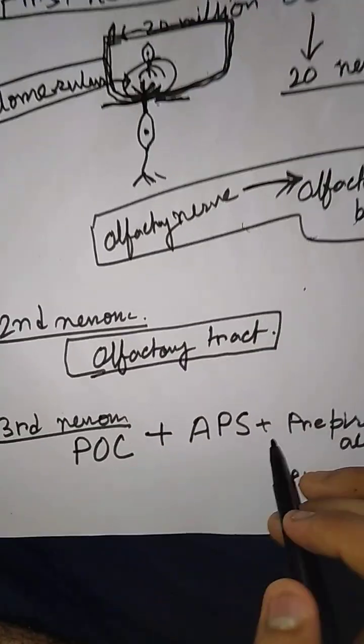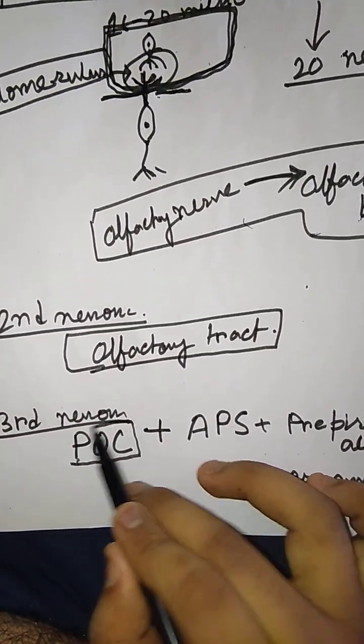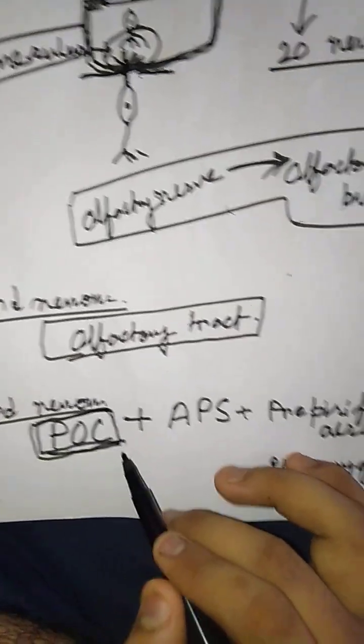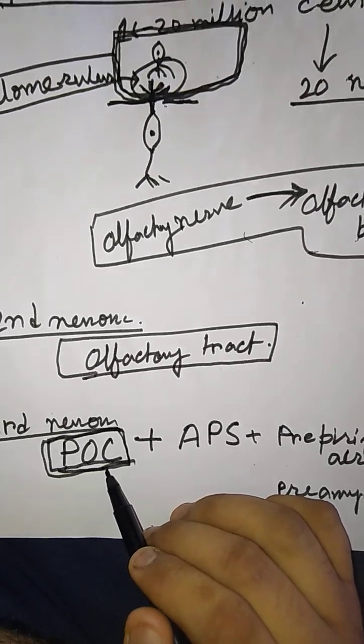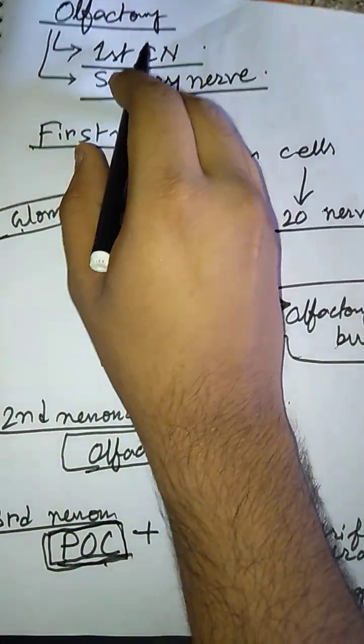Okay, these are the tertiary neurons. Mainly the primary olfactory cortex is located in the temporal lobe, as are all these structures, but this is the main one which is associated with olfactory sensation.